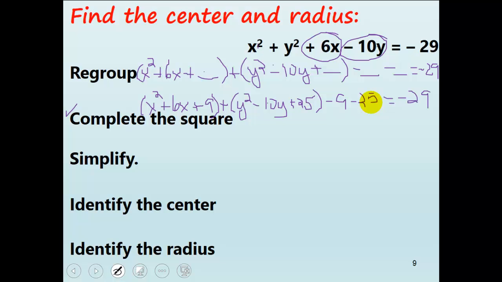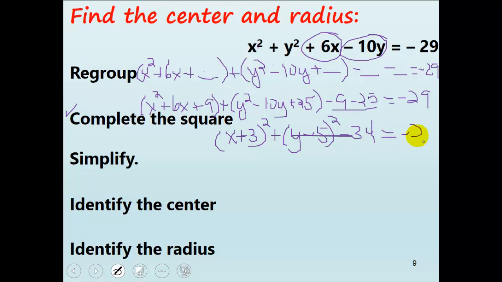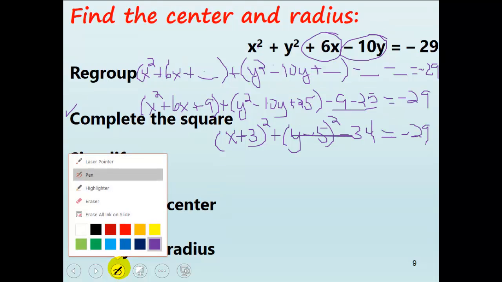Okay, now I'm going to simplify. I'm going to start by writing this as (x plus half of b, 3) squared, plus (y minus half of b, 5) squared. This simplifies to negative 34. Now I'm just getting mad.